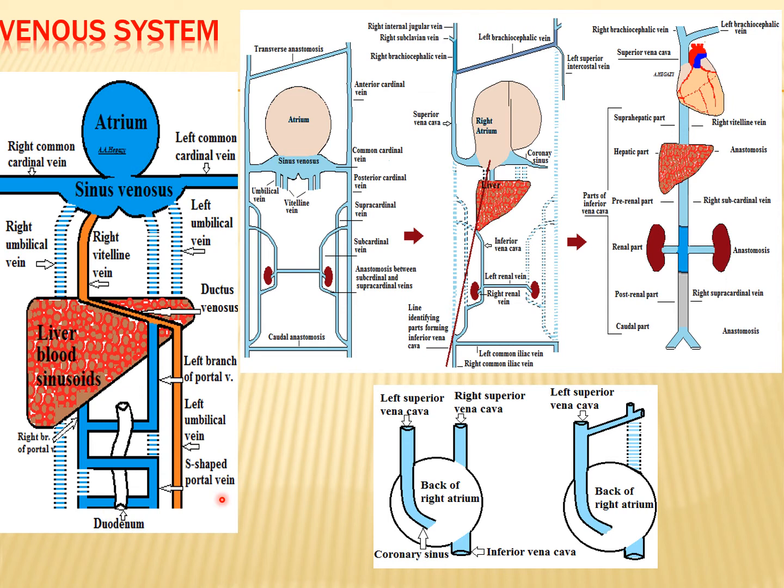Then we come to the umbilical vein. The right umbilical vein disappears, both cranial and caudal portions. As we said, the middle portion shares in the formation of the liver blood sinusoids. Cranially means towards the cranium, towards the skull, the upper part. Caudal means the lower, towards the coccyx.